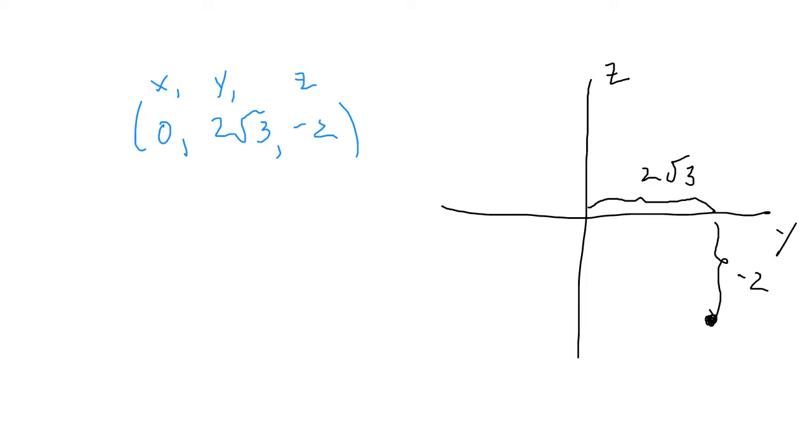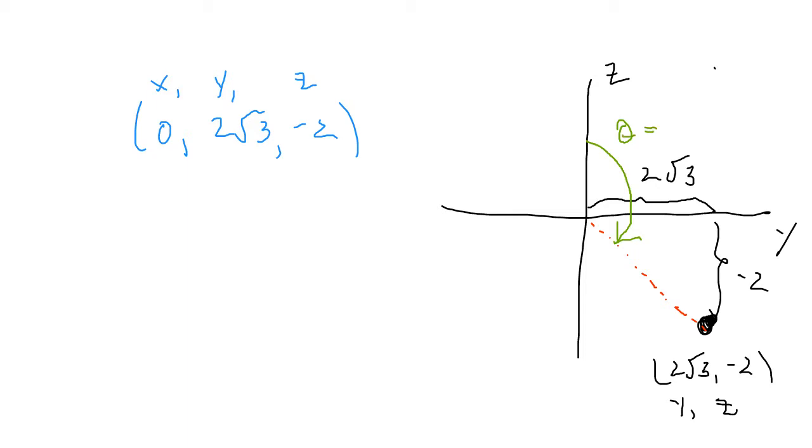We're down here. There's the point. So I'm just dealing with y and z. But the angle phi, I'll draw a little thing here. Phi is measured from the positive z-axis.